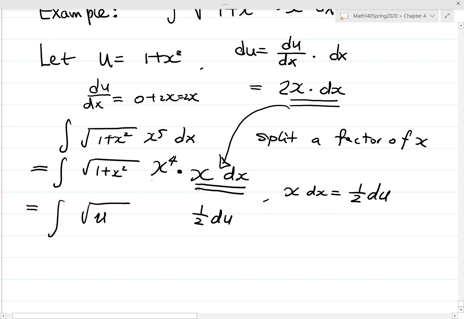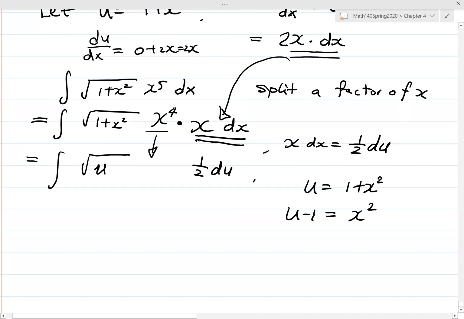Now what do we do with respect to this x power 4? How do we find a relation in terms of u? Remember, u is 1 plus x squared, then u minus 1 is x squared. If we know x squared, how do we find x to the power 4?